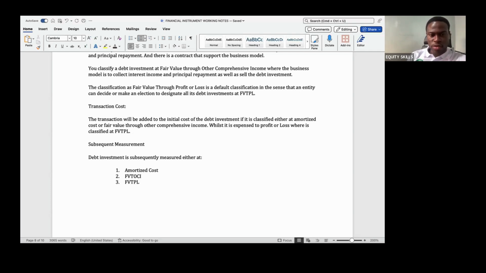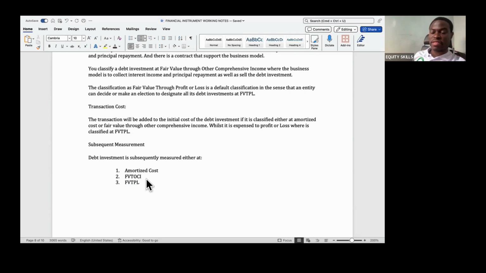So that's how you would subsequently measure your debt investments. Fair value to OCI and fair value to P&L are actually very straightforward because it simply means that they will give you a fair value at the end of the year.